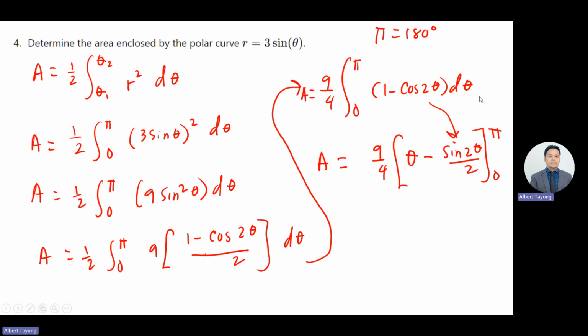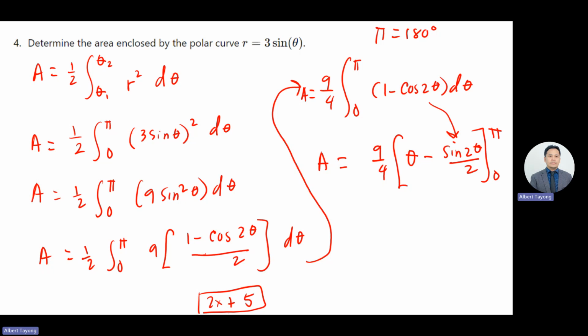So 1 minus cosine 2 theta, we are integrating this term by term. The first one is 1. You know that if we have a constant, it's going to take the variable. For example, if it is 2x plus 5, if you integrate this, 5 becomes 5x, and 2x becomes 2x squared over 2.